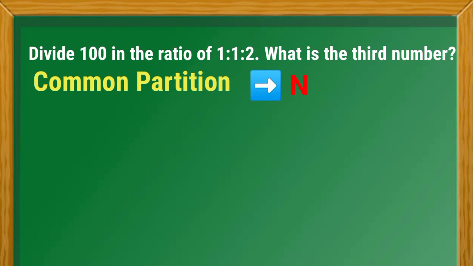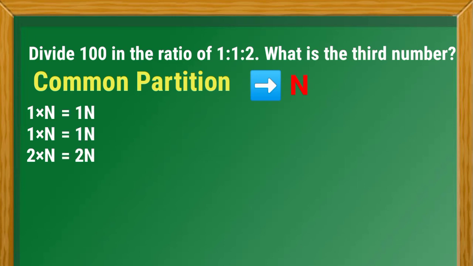So what will you do here? You are going to multiply each part by the common partition, such as 1 times n, 1 times n, and 2 times n. 1 times n equals 1n, 1 times n equals 1n, 2 times n equals 2n.